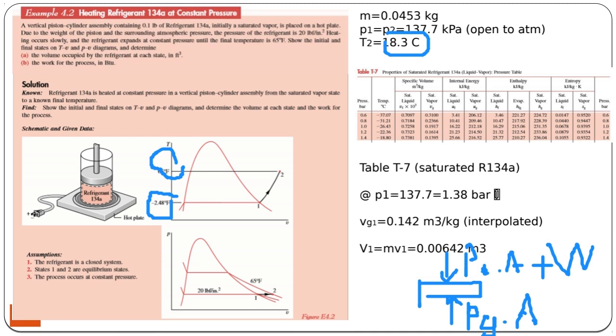In the pressure table, you can determine the saturation temperature. Initially it was saturated vapor inside the piston cylinder system. As it's heated, the refrigerant becomes superheated, and the superheat temperature is given to you.